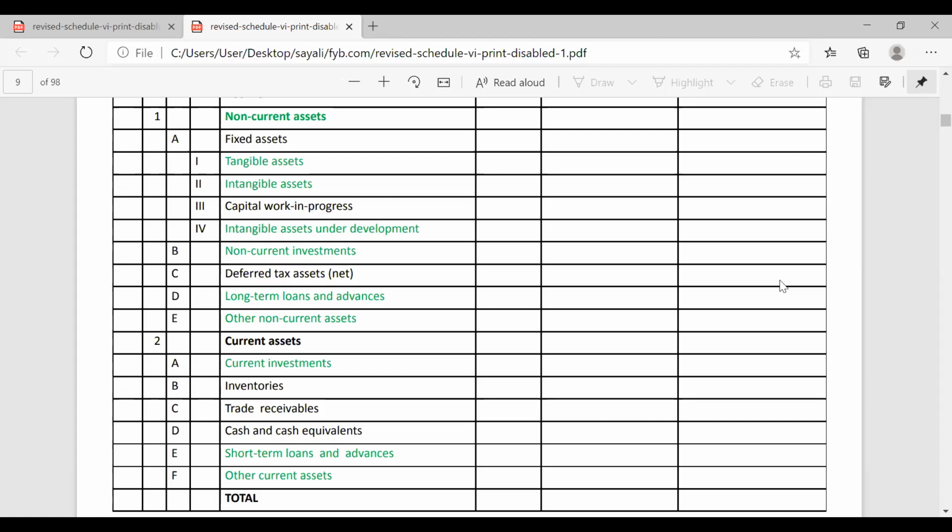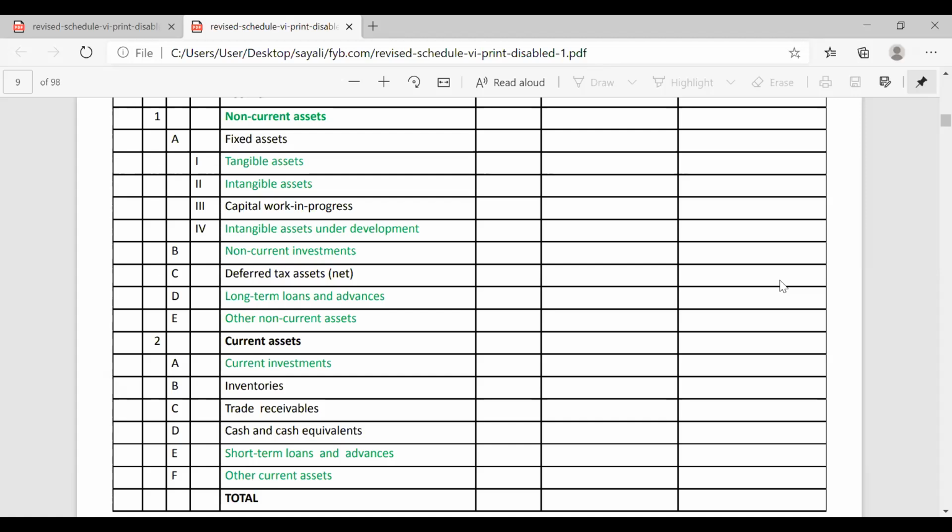If any long-term loans and advances are there, they are recorded under this head. Other non-current assets. And the second point, current assets. What is a current asset? A current asset is one which is collected as a sum or revenue within 12 months, or within 1 year. So current investments are investments which are sold or released within a 12-month period.